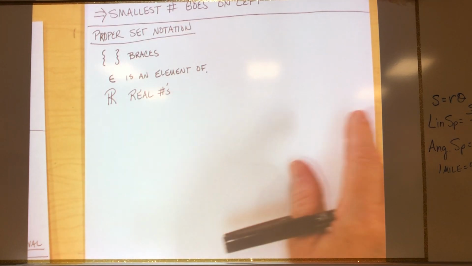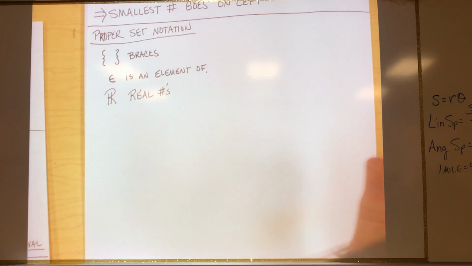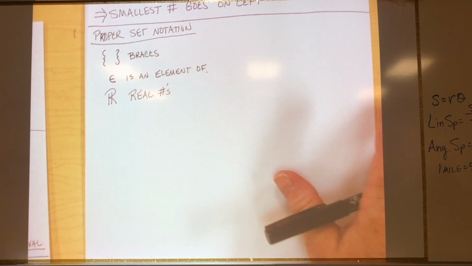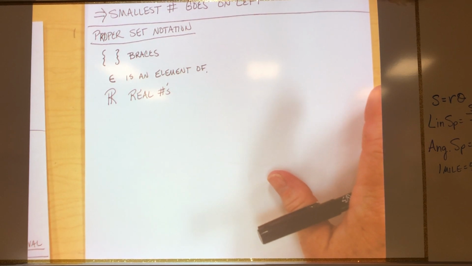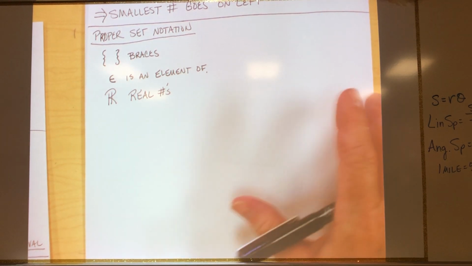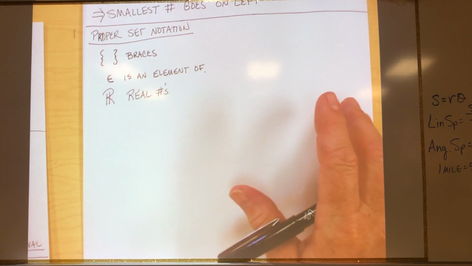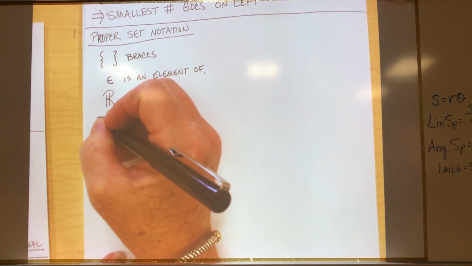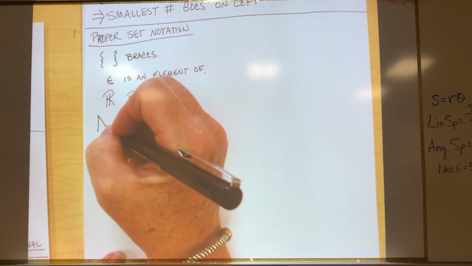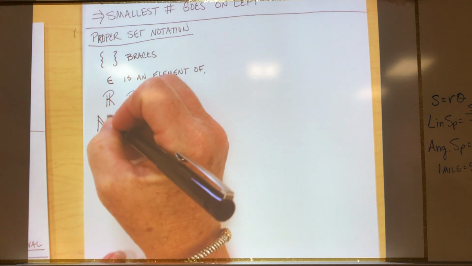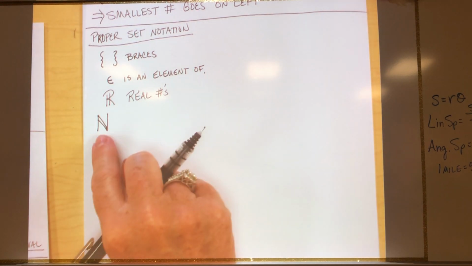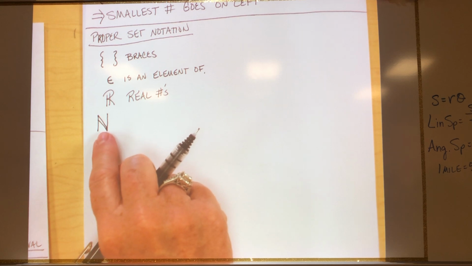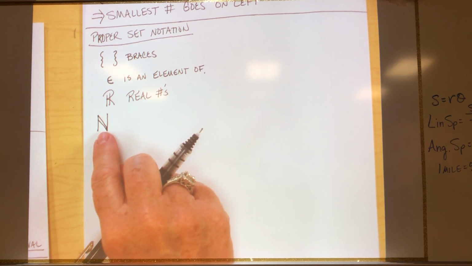Now the next thing, I tend to want to show you only one way, but I'm going to go ahead and show you both ways, because if you got an older book, it might be written the older way. So, the older way. Back when I was in school, this is the way they did it. A double barred N. Okay? A double barred N. And that was the integers.